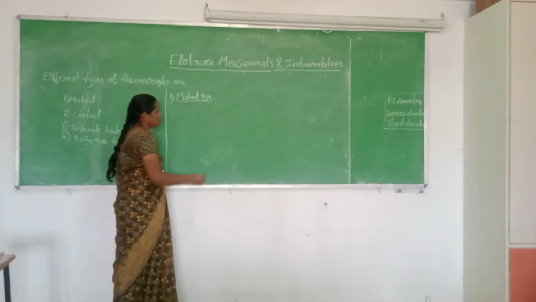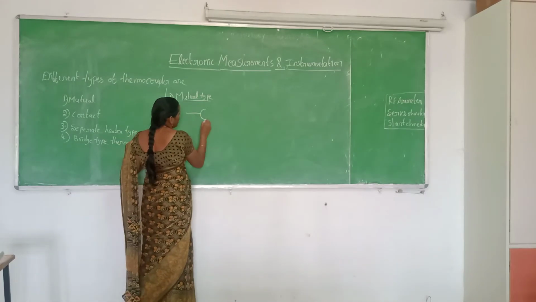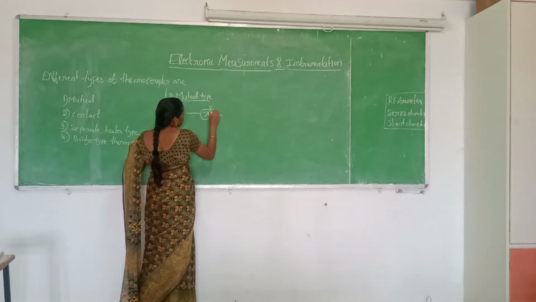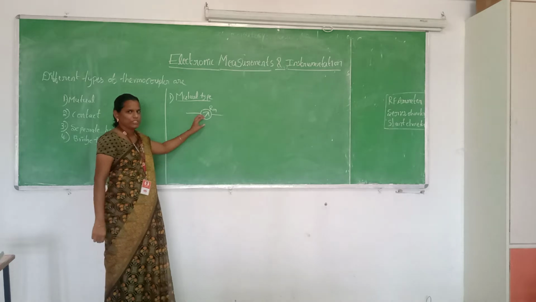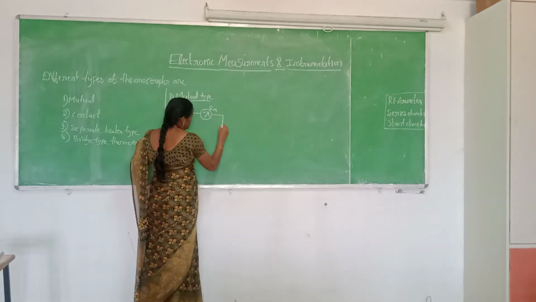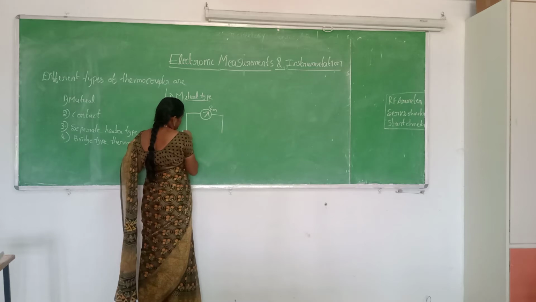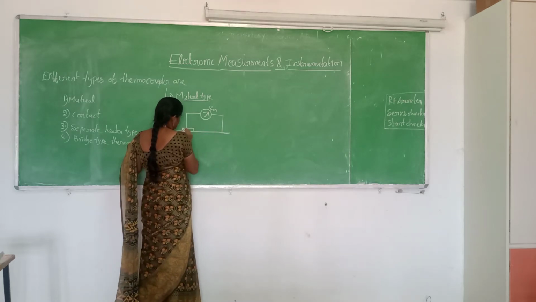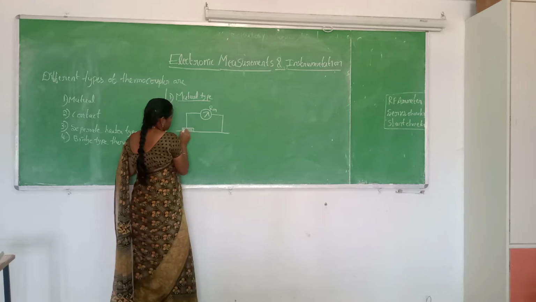The figure for this mutual type is, here we have the ammeter, here you see Rn. So this is the PMMC meter which has the internal resistance of Rn. This is the thermocouple.